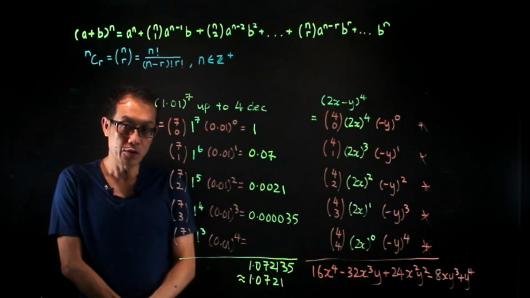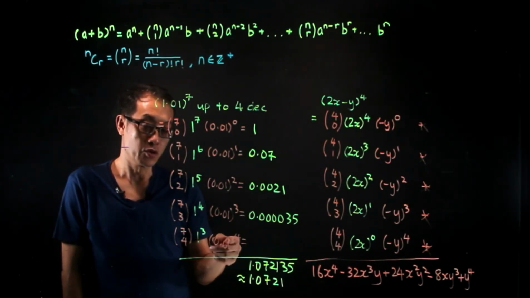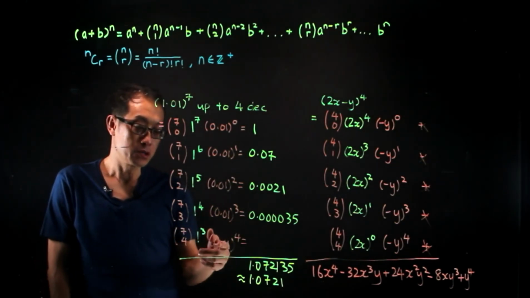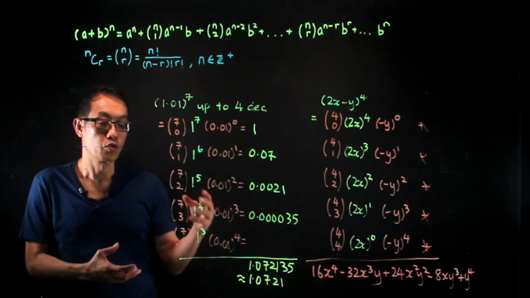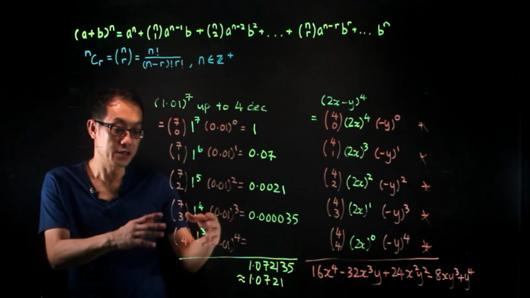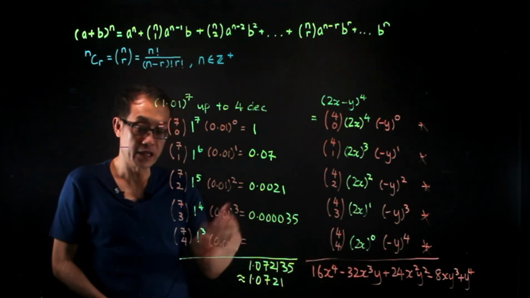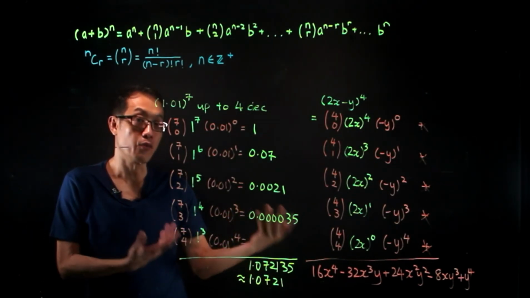But one thing to take note is that we are ignoring higher powers of 0.01. Now, why can we do that? Because when you raise 0.01 to a positive integer, you find that it becomes smaller and smaller because of the decimal place, alright? Because 0.01 is less than 1.